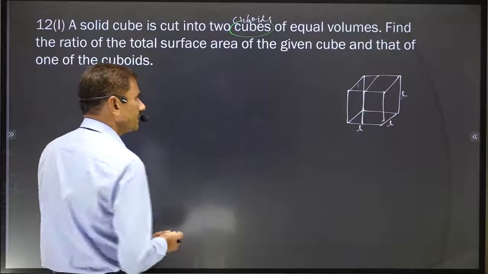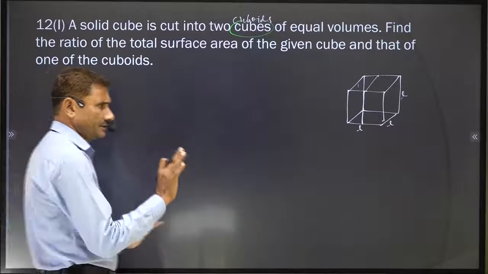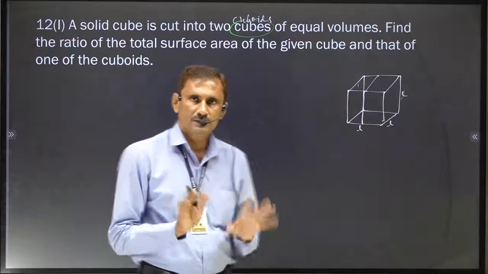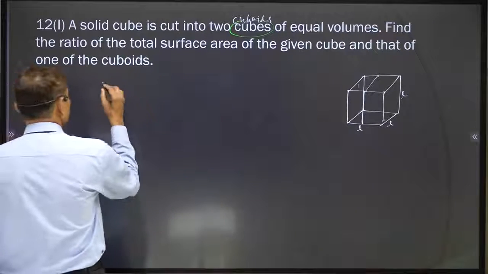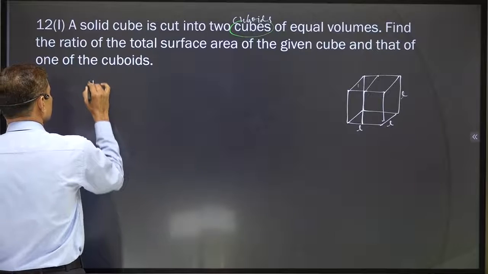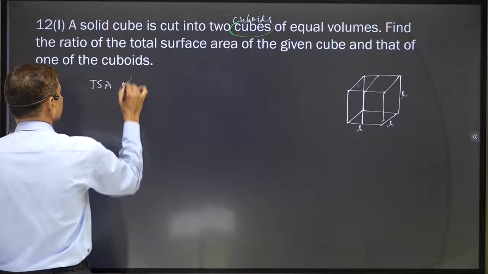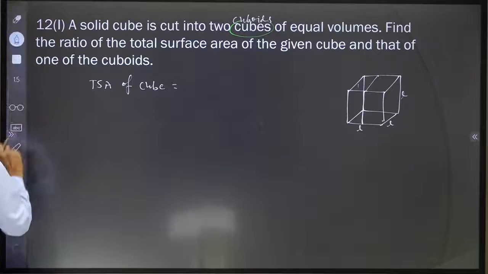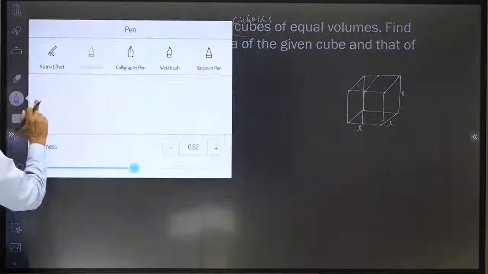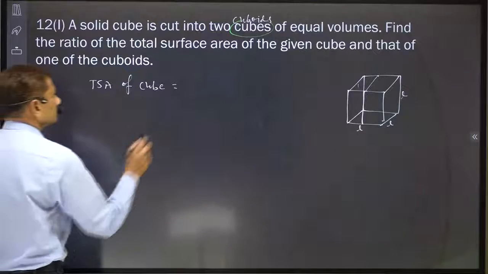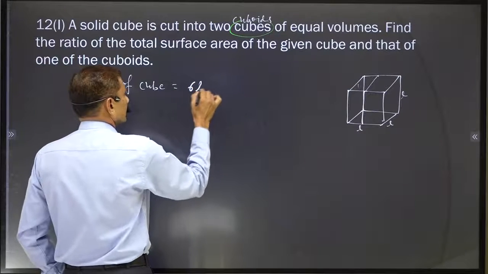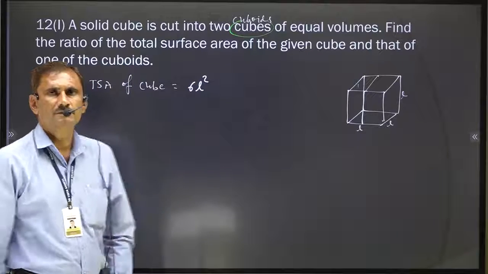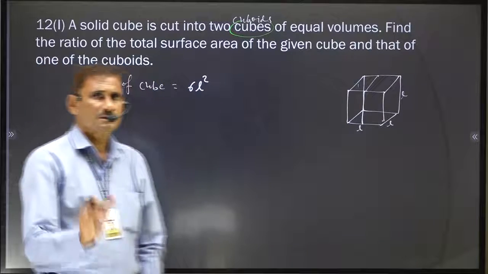First of all, let's find the surface area of the cube, the total surface area. TSA of cube equals 6L square. The measurement is not given, so it is 6L square only.